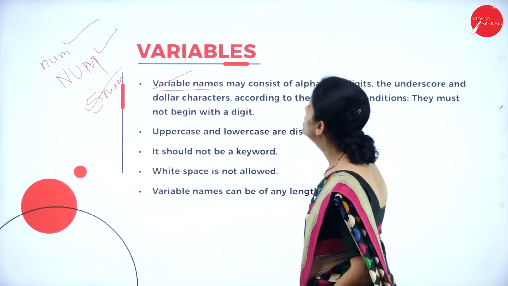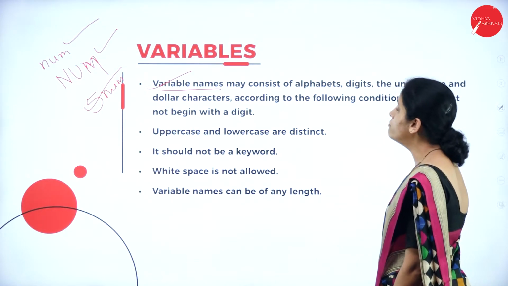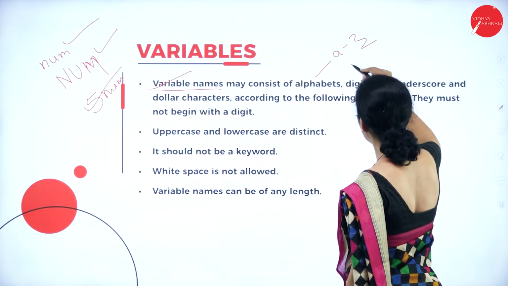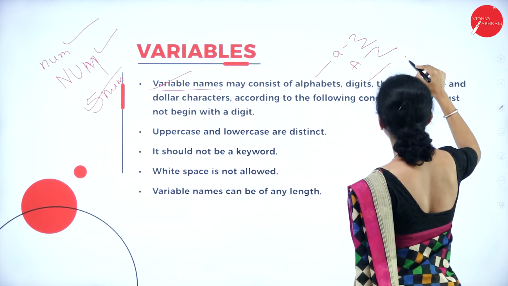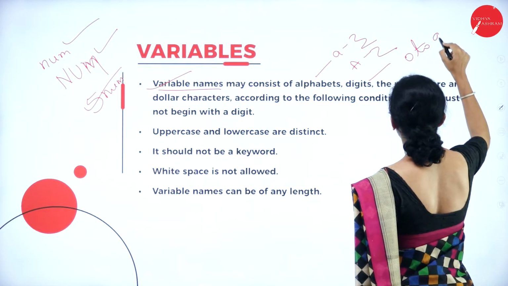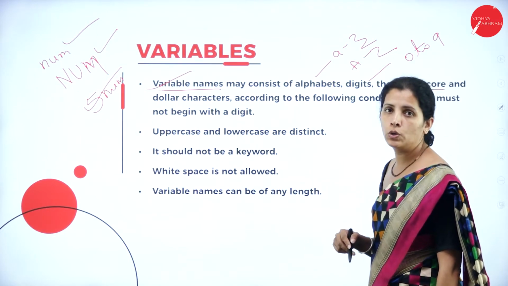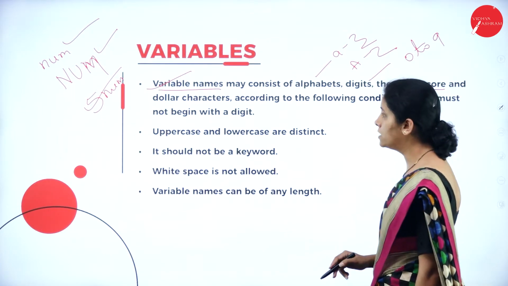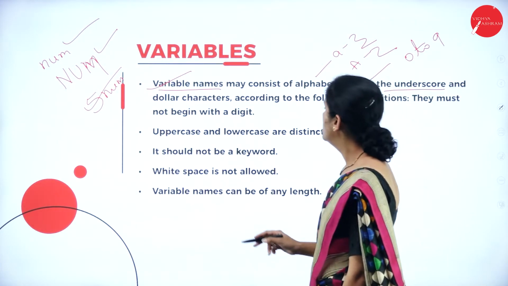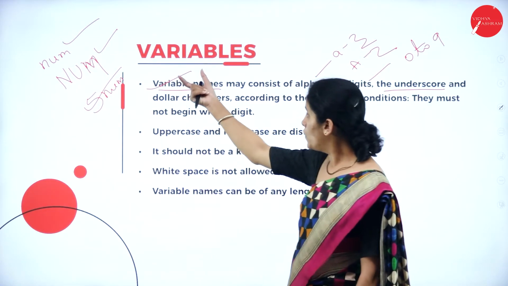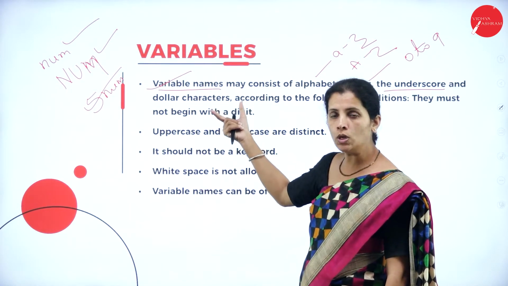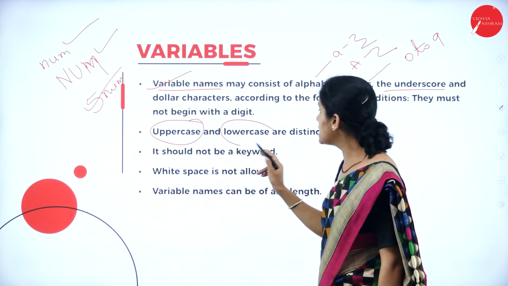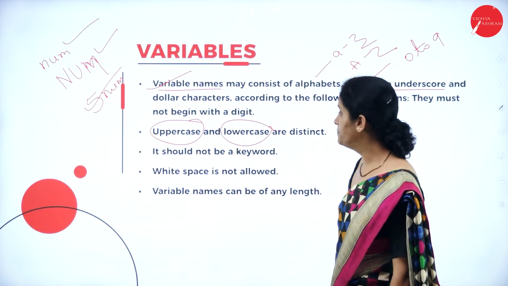So variable names may consist of alphabets: small letters a to z, capital letters A to Z, along with 0 to 9. Along with that, I can use the dollar symbol and the underscore. Now, if I consider the variable declaration rules, then uppercase alphabets as well as lowercase alphabets are distinct.